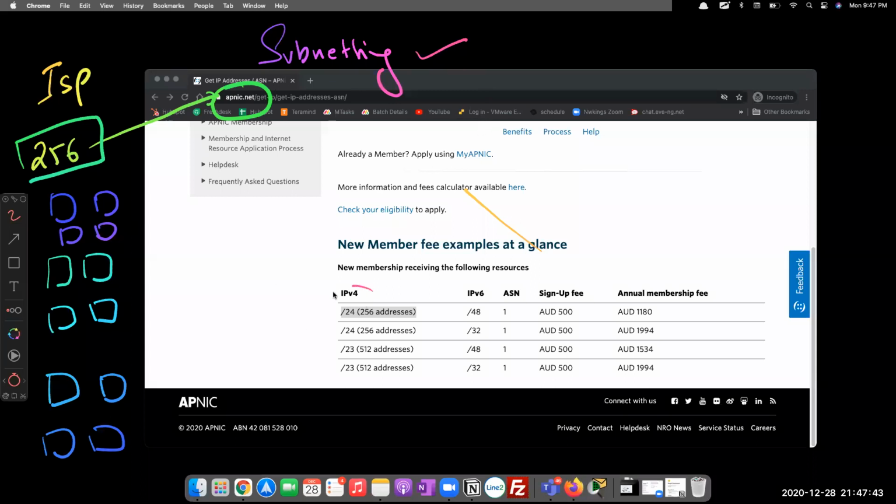You can't use one pool at one location, else you need to buy a lot of public IPs and it will cost you Australian dollars. The annual membership fee is 1994. You can multiply by 50, 60, whatever the dollar rate is in Australia. This is the annual membership fee, and there is a separate sign-up fee.